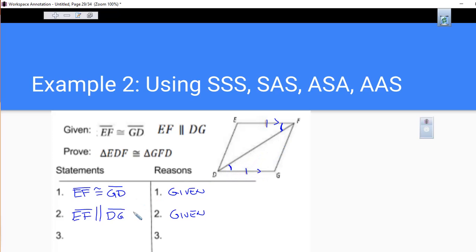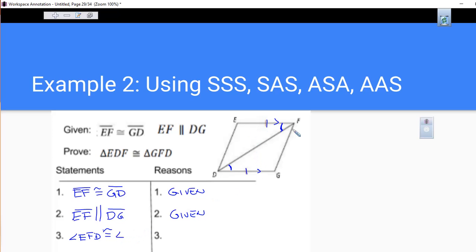So now we have to name the angles. Up here, start with an angle on top. I'm going to name it angle EFD. You can't just name it angle F because there are multiple angles at F, so once again, you have to use the 3 points.